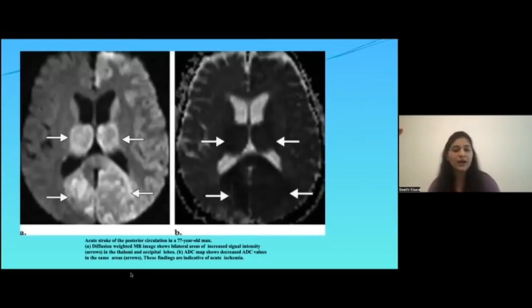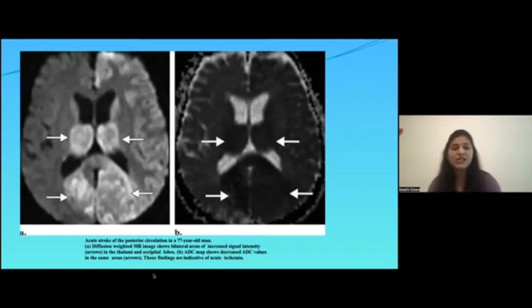the axial diffusion weighted and ADC maps of a 77-year-old man who presented with acute stroke. So on the diffusion weighted images, we can see there is hyperintensity in bilateral thalami and also in the occipital lobes. And the corresponding ADC images show hypointensity.